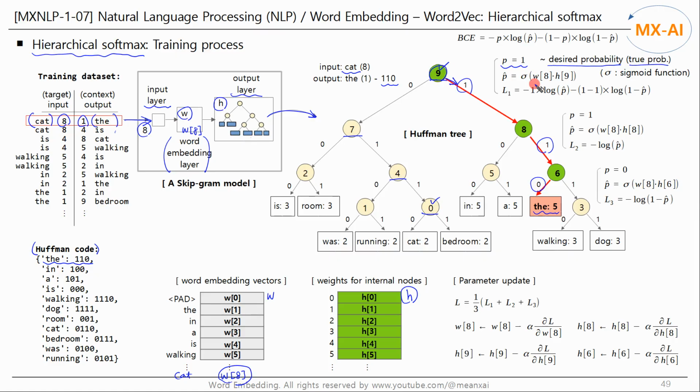Next, we compute the dot product of the embedding vector W8 of the target word cat and the weight vector H9 of the root node. Then we apply the sigmoid function to the result, where sigma denotes a sigmoid function. This is the predicted probability of moving to the right from the root node.